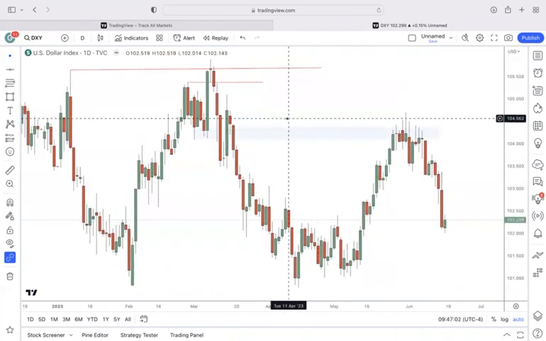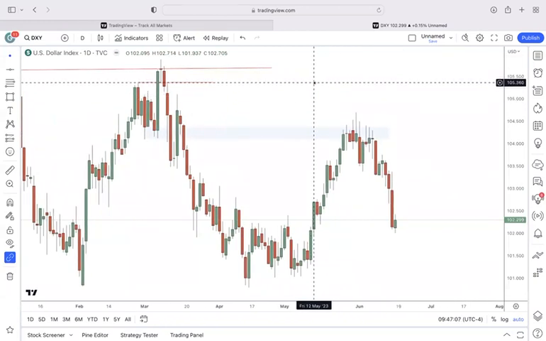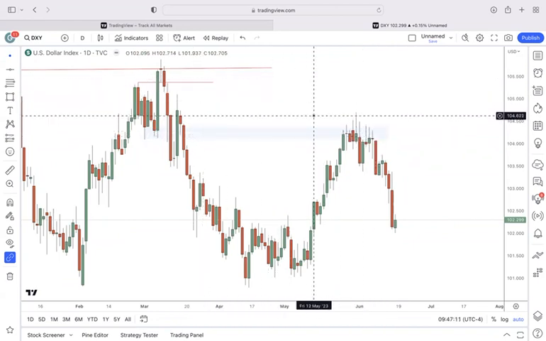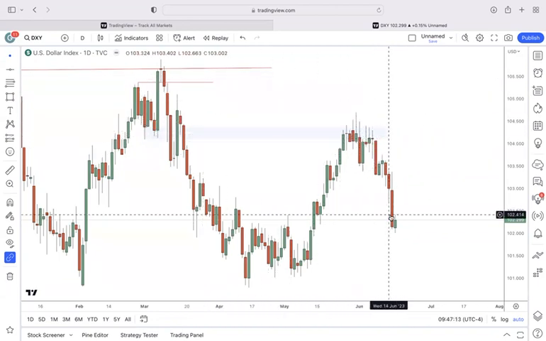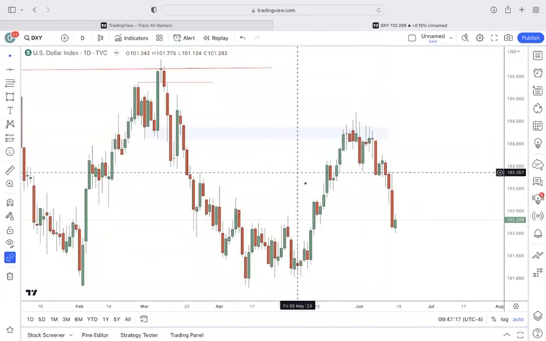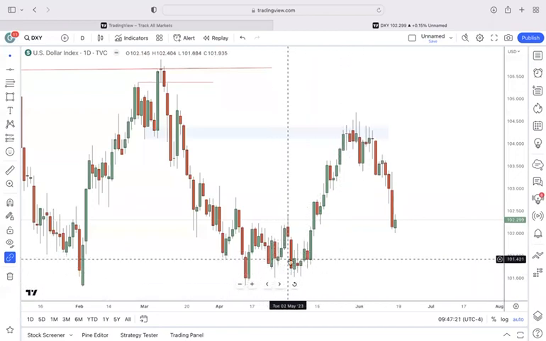So now that we have that figured out, they respected a premium higher time frame PD array. Okay, they respected it, and they are declining. Where are they going to go next? Okay, now we're coming down to the discount side of that dealing range.